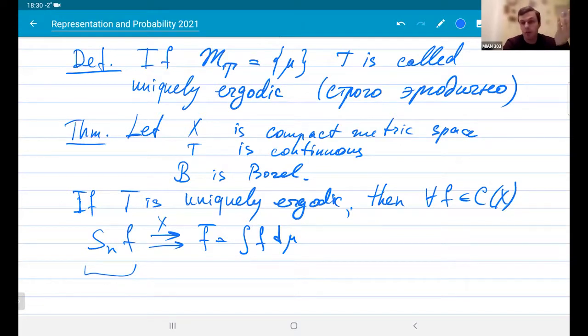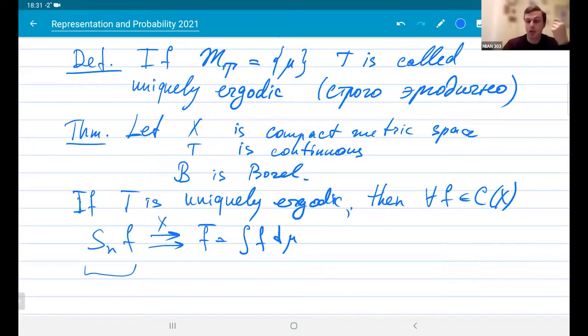Here you do the same, but in the opposite way. If you have no uniform convergence, then you can choose these potential measures in different ways. You have some function and no uniform convergence.